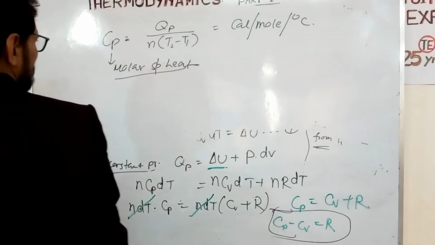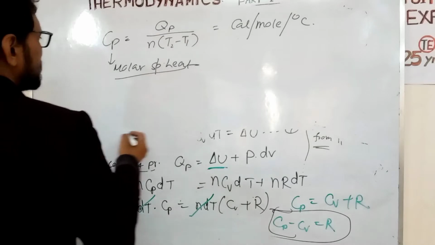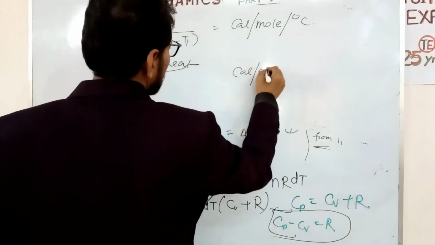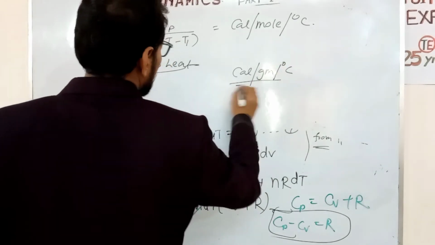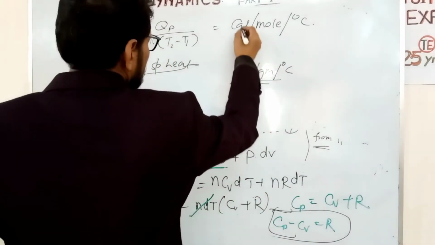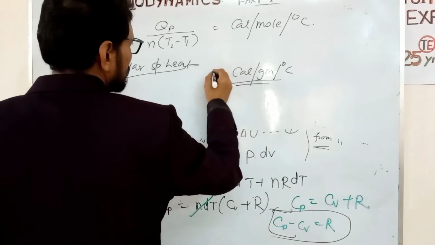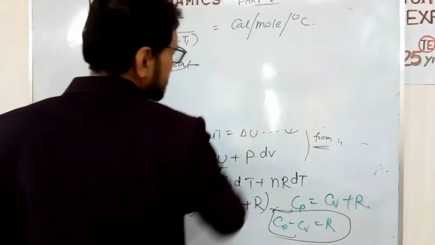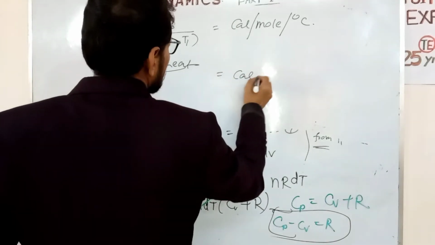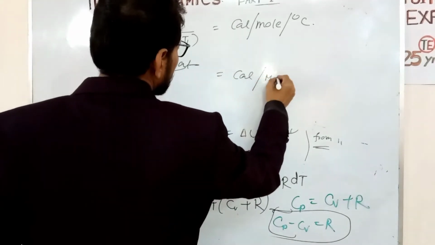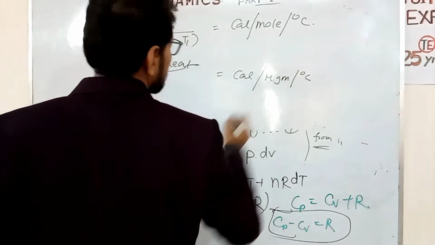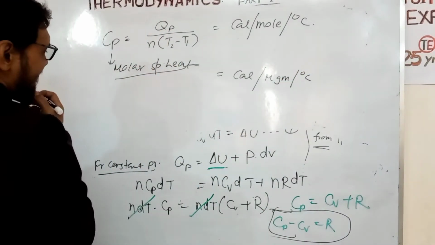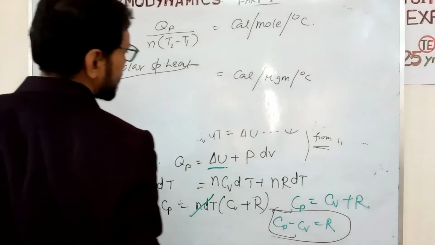Now if we take the specific heat as gram calorie per gram per degree centigrade, what is the value? Calorie per mole per degree centigrade, we know 1 mole of any substance equal to M gram.